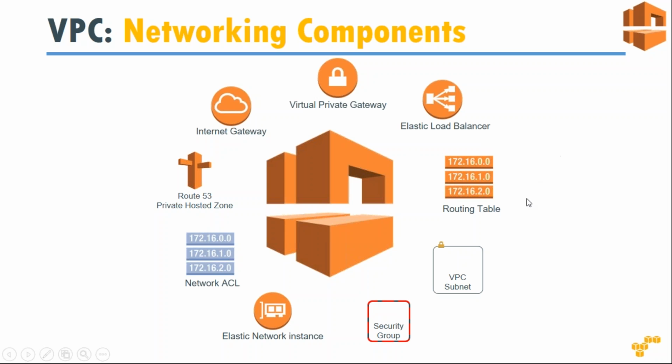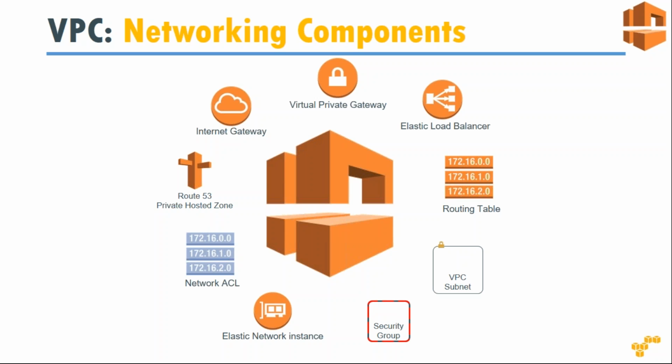A routing table is almost always mandatory. When you create a VPC, Amazon provides you a default routing table and you can extend it, customize it, just like in any Linux or Windows environment. Likewise, subnets and security groups are 2 levels of layering that you can have in a VPC. We will look at each of these features in the coming sessions.